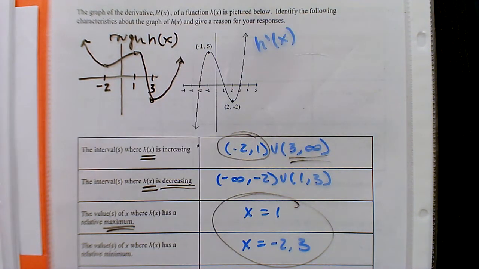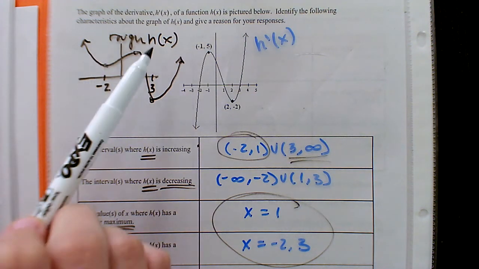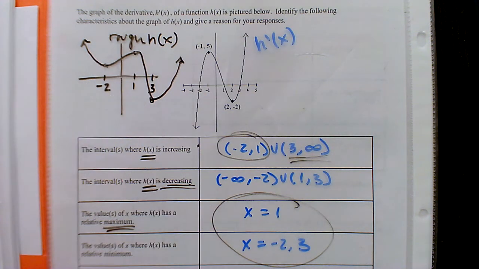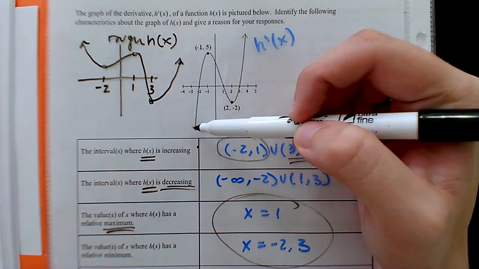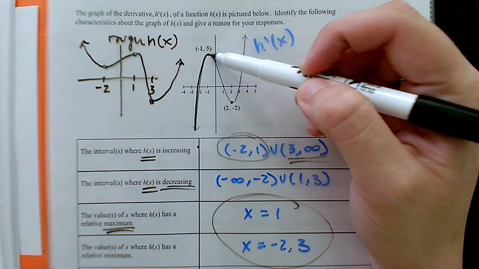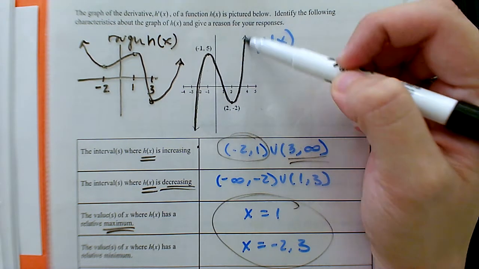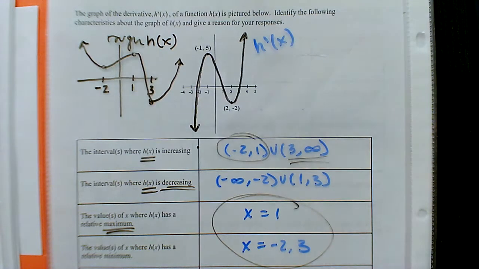Does that make sense? Using those characteristics that we identified? Okay. Do we remember the connection between the equations of the original graph and the derivative graph? For instance, with this derivative graph, can you tell me the name of the function based off the way the graph looks?